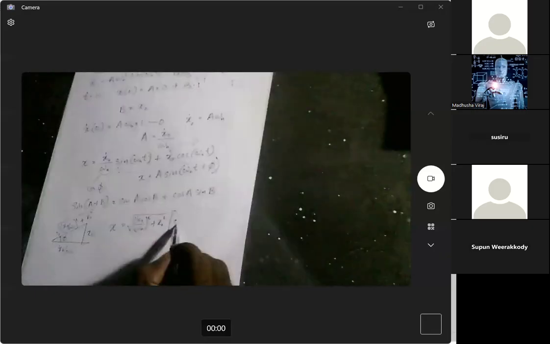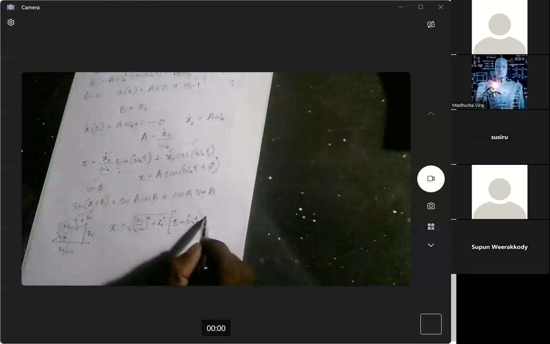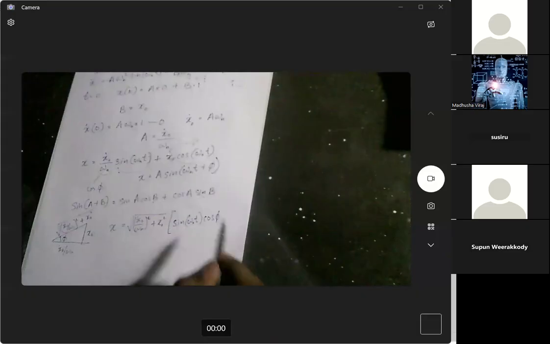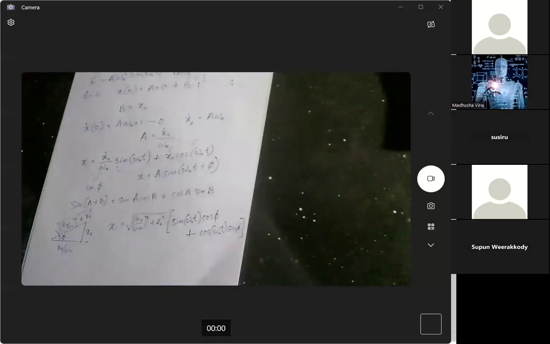And inside we have sine omega n t cos phi plus cos omega n t sine phi, right? Now it simplifies into this one.